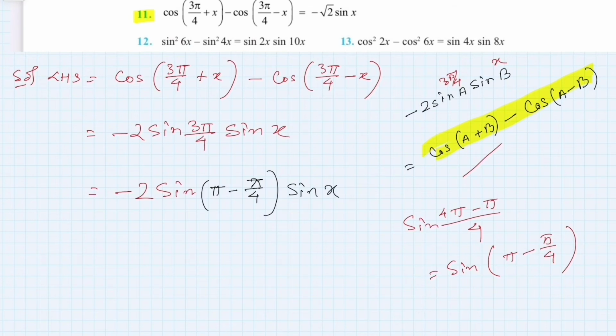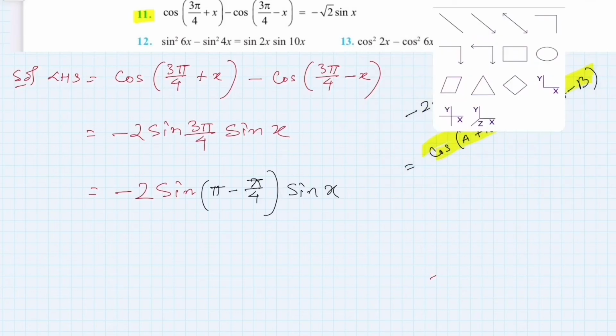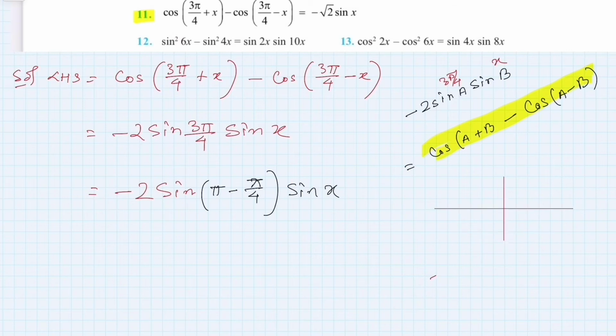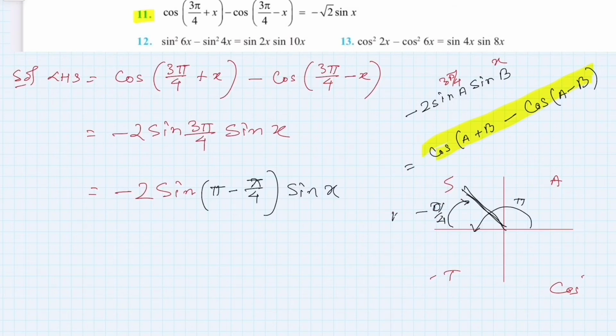Okay, so now we are going to apply the ASTC rule. So what was that? Here you see: all, sine, tan, cos. Now pi minus something must be lying in the second quadrant, pi minus pi by 4, isn't it?